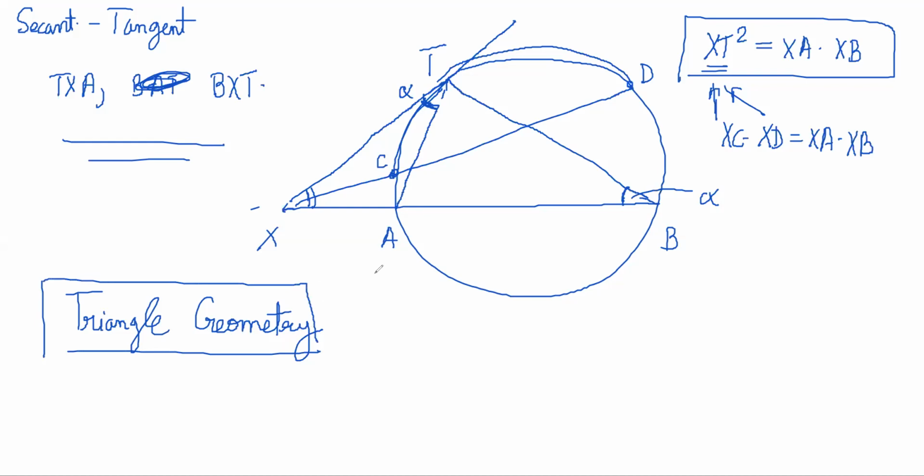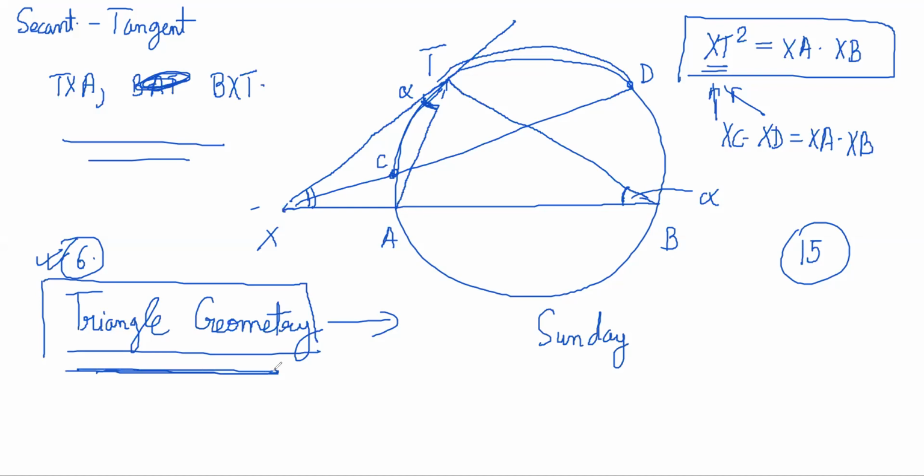Let's work on that worksheet, and on Sunday, hopefully we'll have our second class. We'll start with triangle geometry. This is in the list of 15 points that I had written. We have reached till point number 5, so triangle geometry is point number 6. Hopefully we'll spend a little bit of time and do it in detail, and on Sunday we'll resume.